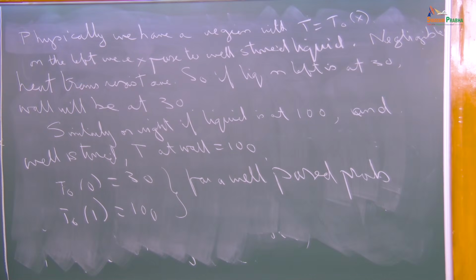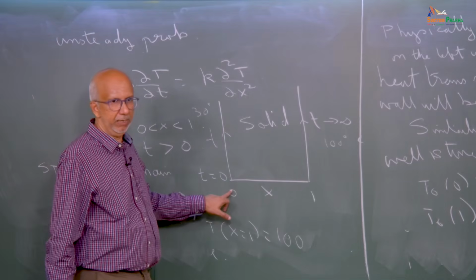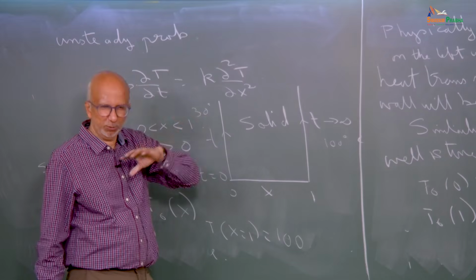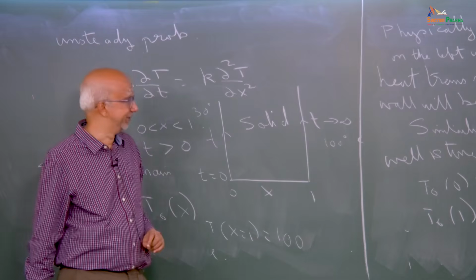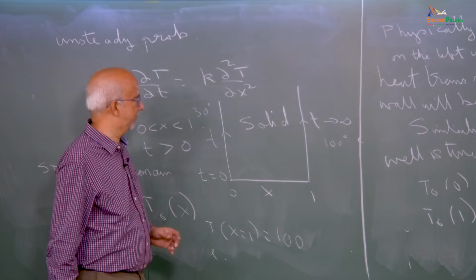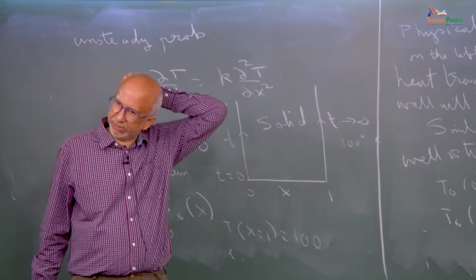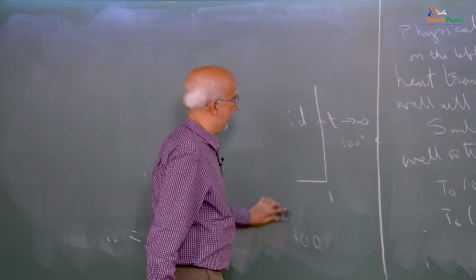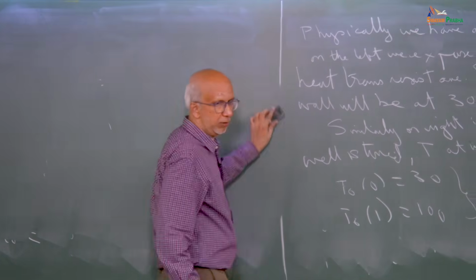Because only then, otherwise, if it is not at 30 when we impose 30, suddenly there is going to be a step change. So, you do not want step changes, you want smooth profiles. Okay. So, this is the same as the well posed problem that I spoke about earlier. Okay. And both have to be satisfied for well posed. Even if one is satisfied and the other is not satisfied, it is ill posed.